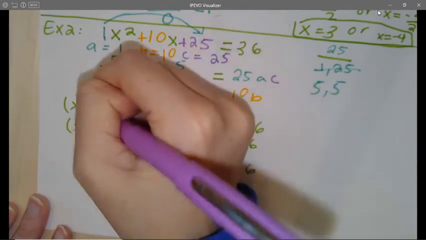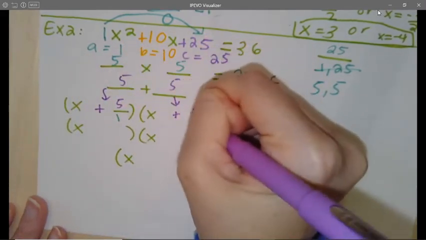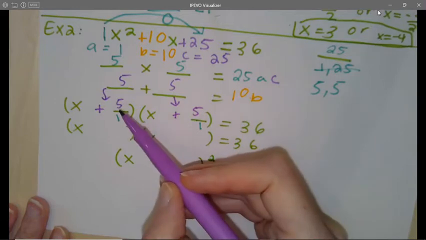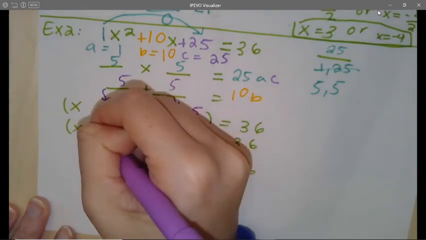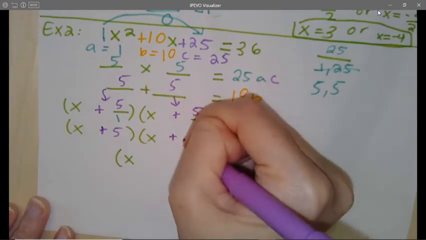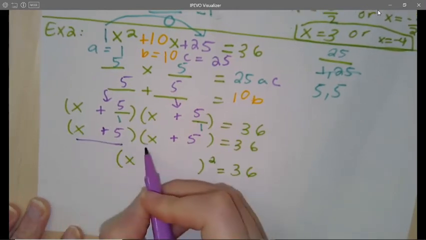Okay, so I'm going to bring these numbers on down. So I'm going to have x plus 5 and x plus 5, because I have 2 positive 5s. Okay, let's simplify these down. So 5 over 1 will be a positive 5, so plus 5. And 5 over 1 will also be a positive 5. And look at that, you guys. I have 2 x plus 5s.